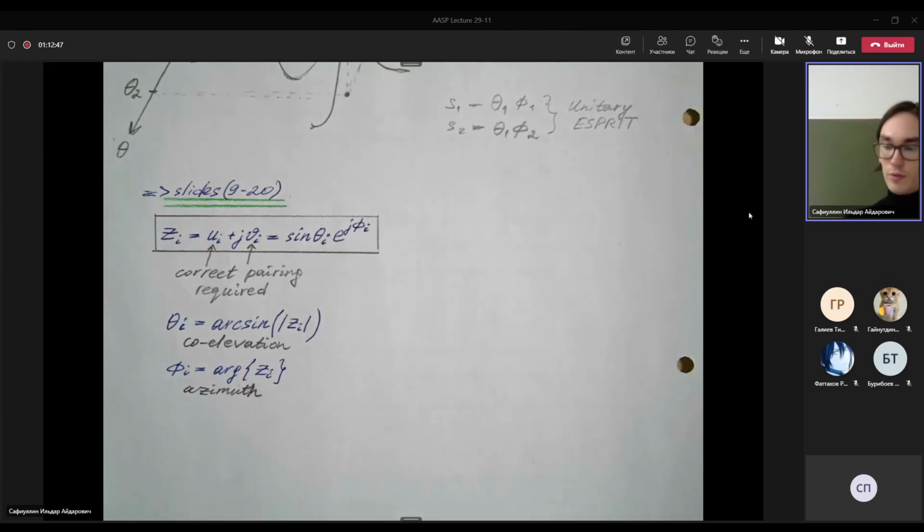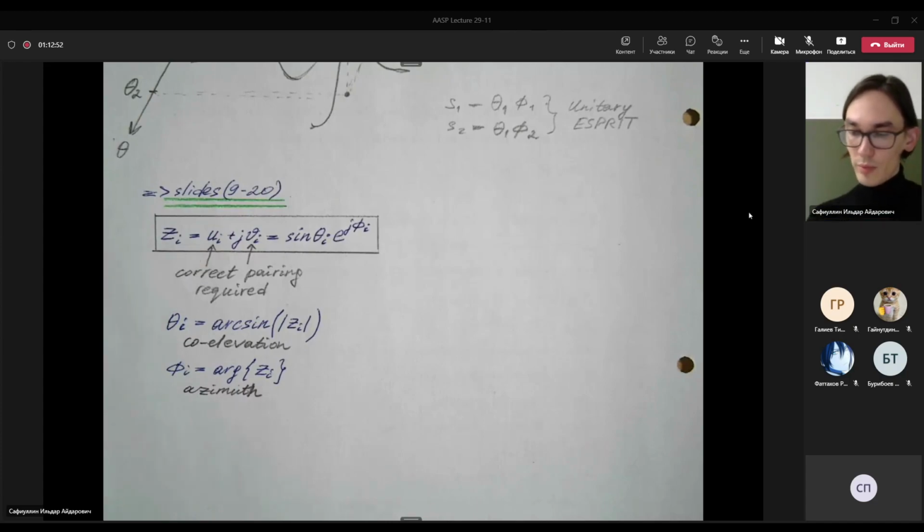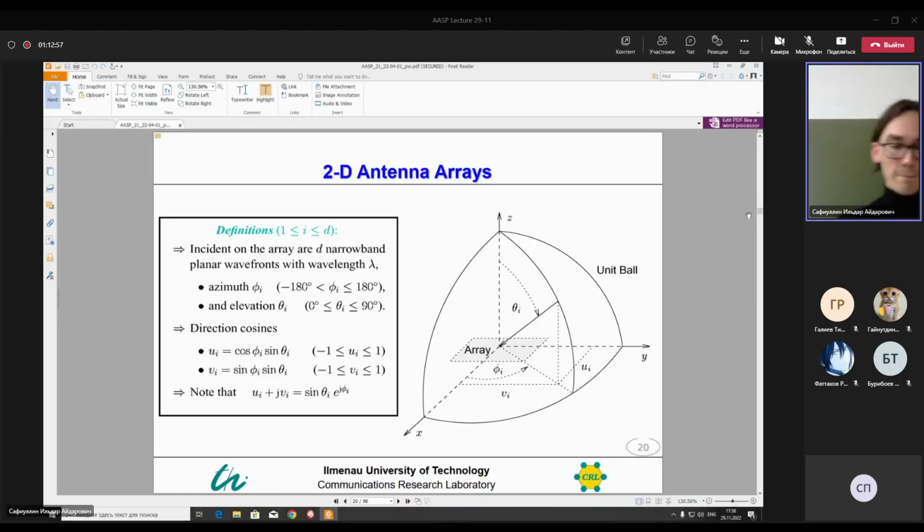And now let's go back to slide 20 and let's see what we have for u sub i and v sub i. So here you can see that u sub i is something like the projection onto the x-axis, because we show it like this one.